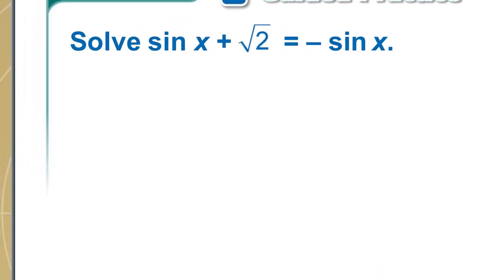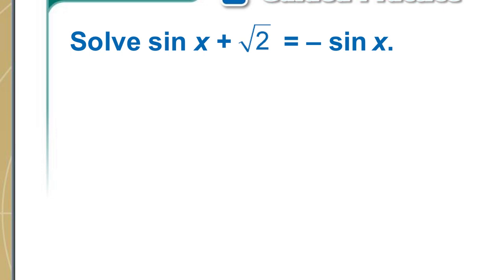We only have one trig function in this problem, that is sine of x. So we're going to treat this as if it's a simple equation. Again, if it helps you, think of it as being just s plus root 2 equals negative s. We're going to bring the variables to one side, put the root 2 on the other side, okay? So what would that look like?